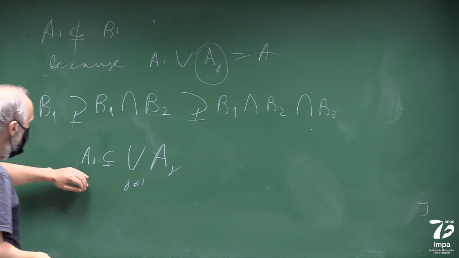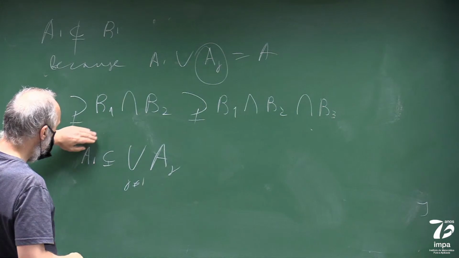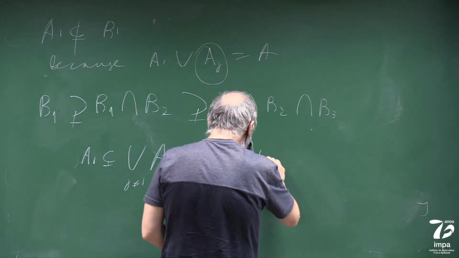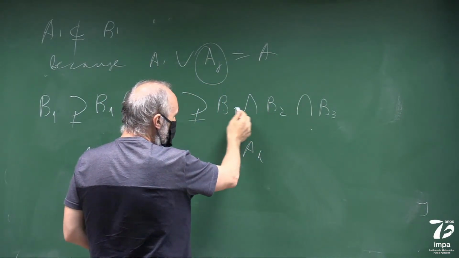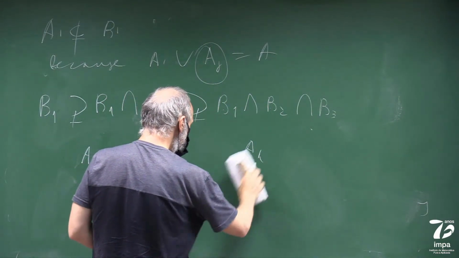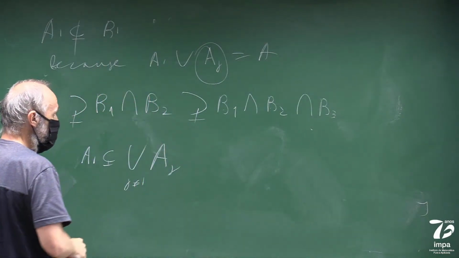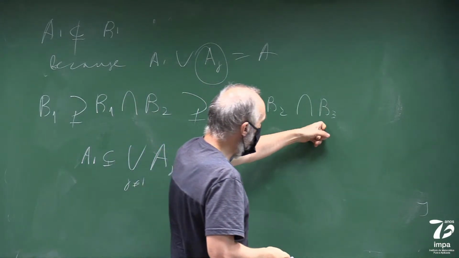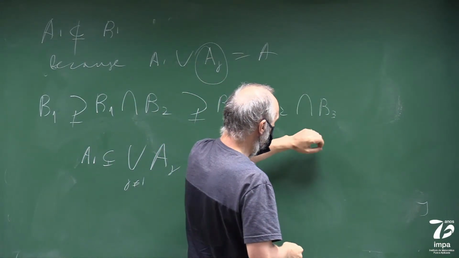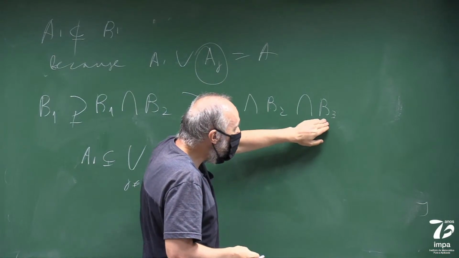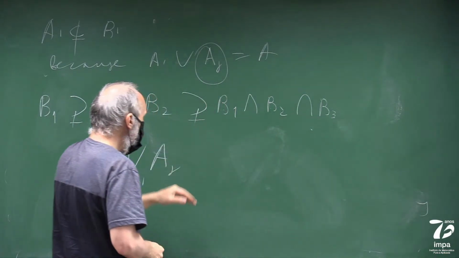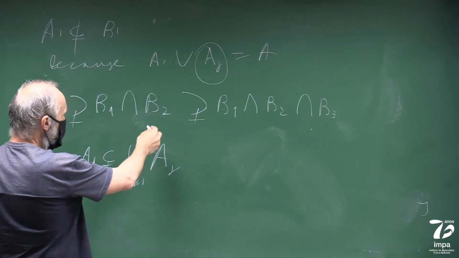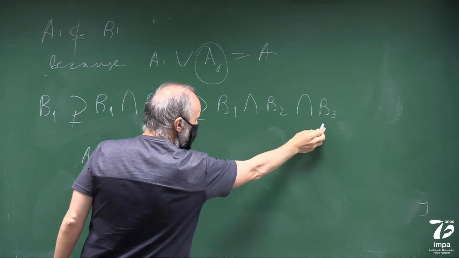This means that for each, say, Ak, there is a point which doesn't belong to A1, A2, and so on. This is why it is strict. So on each step, you can take a point in, say, A3, for instance, which doesn't belong to the rest.